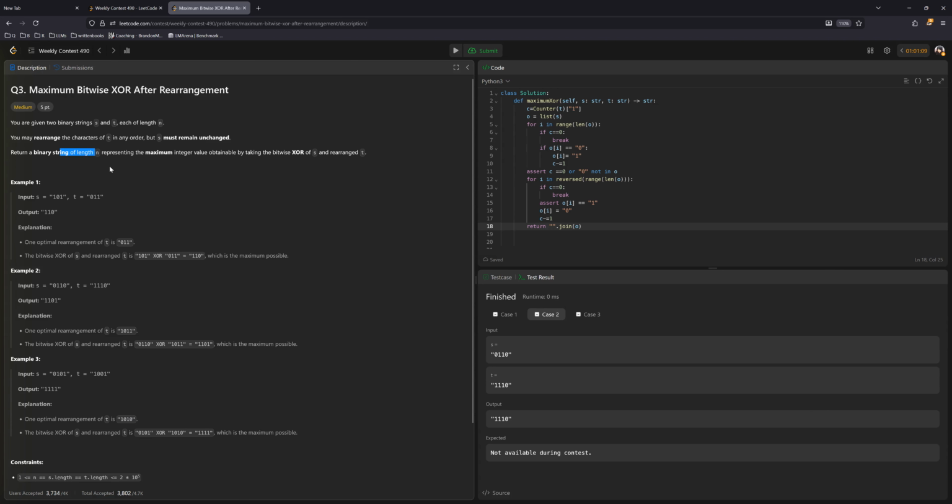Return a binary string of length n representing the maximum integer value by taking the bitwise XOR of S with the rearranged T. It's right.